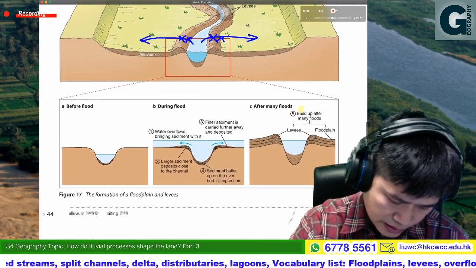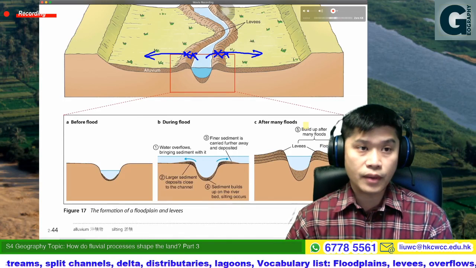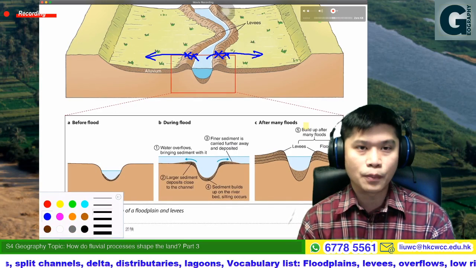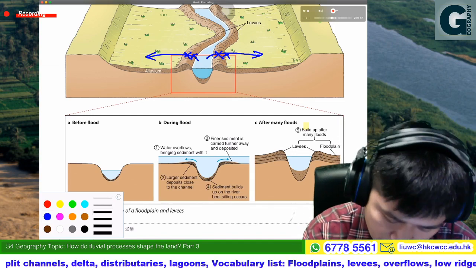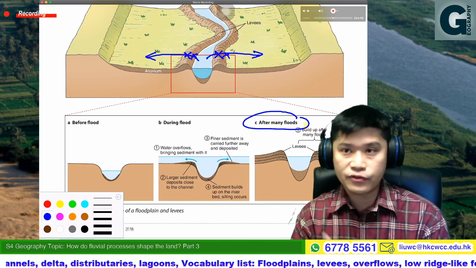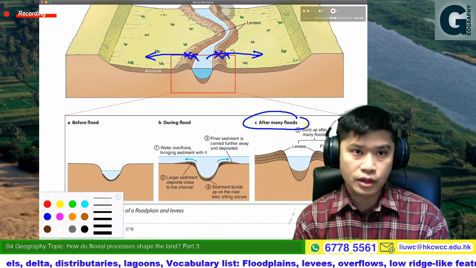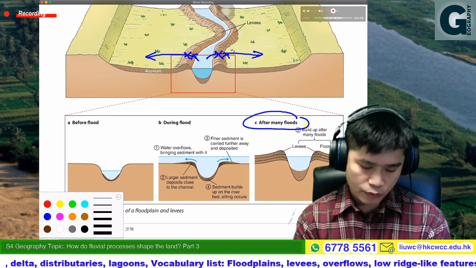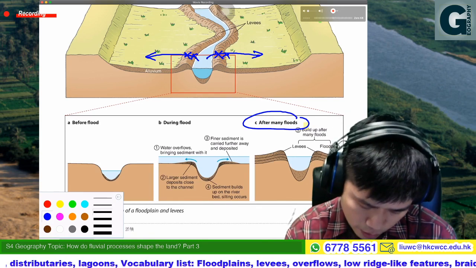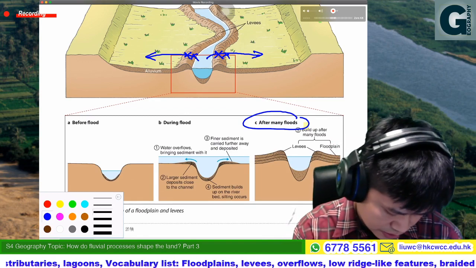And here you can see the formation. The criterion for the formation is that it should be after many floodings. Then both floodplain and levee would be formed. So that is about the formation of these two landscapes. Then we move to the next.